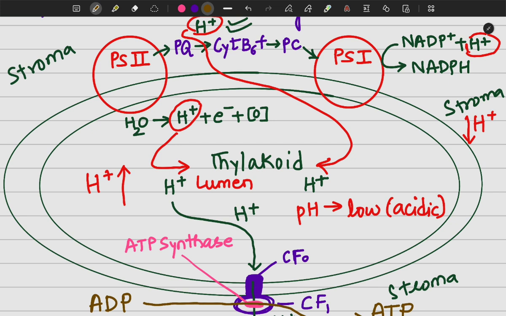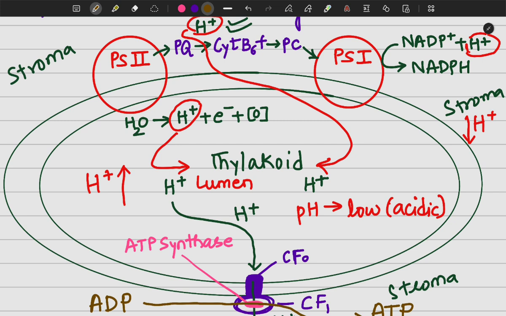And these hydrogen ions are also continuously accumulating inside the lumen of the thylakoid during the photolysis of water, which is associated with photosystem 2, and during the movement of electrons while they pass through the electron transport chain. Hydrogen ions are also entering inside the lumen from there. So that causes an increase in the concentration of hydrogen ions inside the lumen, causing the pH to be low or acidic. And in the stroma, there is a decrease in the concentration of ions. So this imbalance in the concentration creates the proton gradient.